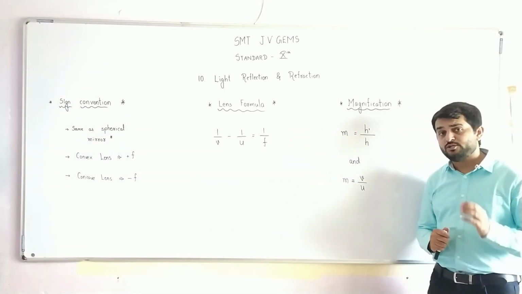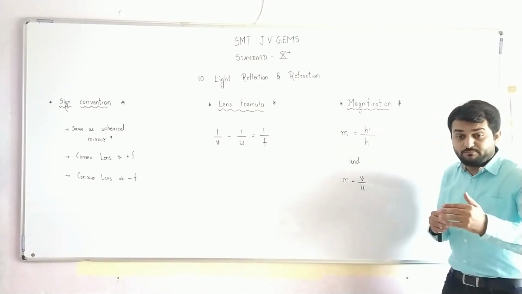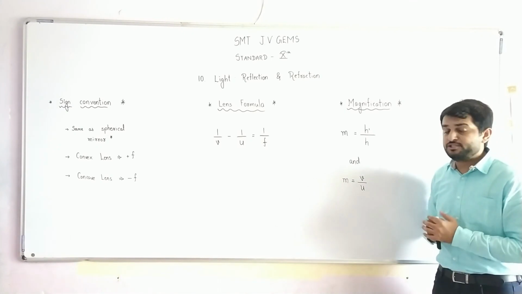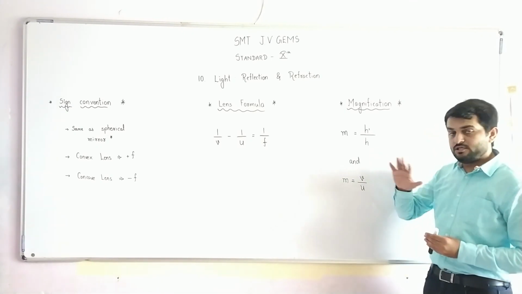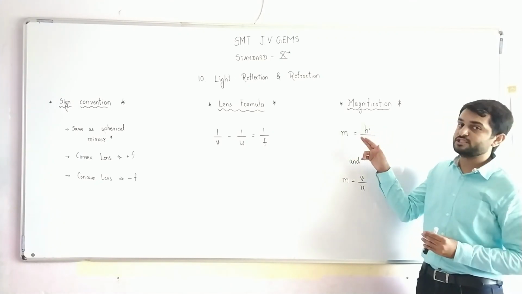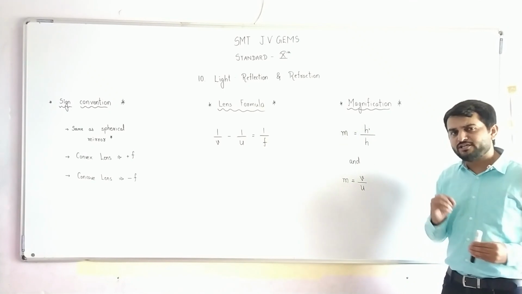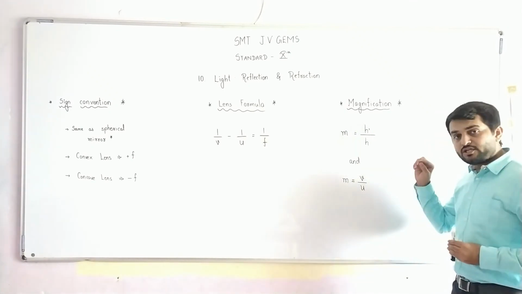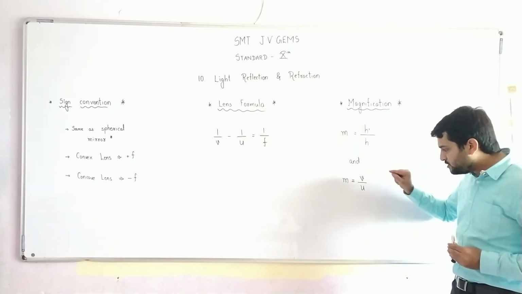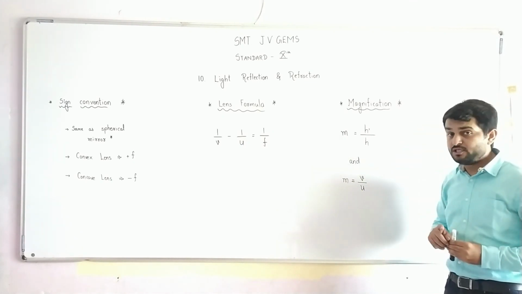Now by magnification, you can identify whether the object is magnified, meaning it is enlarged, or it is diminished. The ratio of the height of image upon height of object will give you magnification. But in the second formula, there is a bit of change: the ratio of image distance to the object distance is your magnification, unlike the case of the mirror.